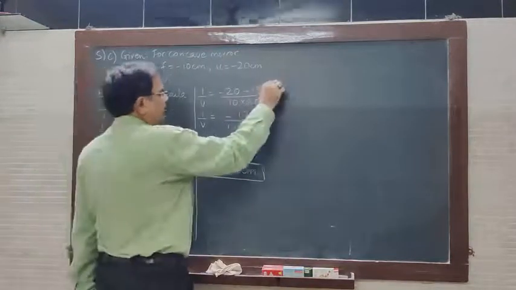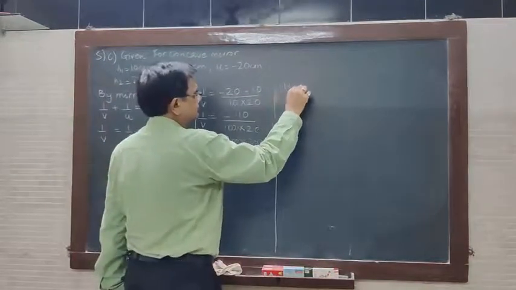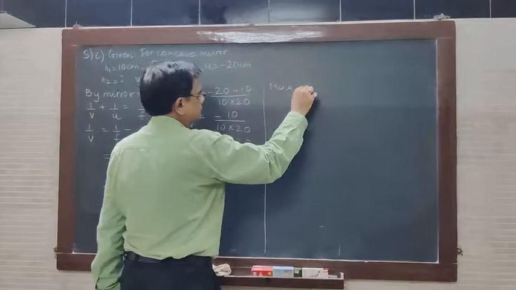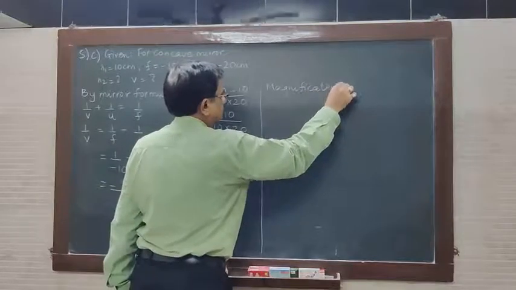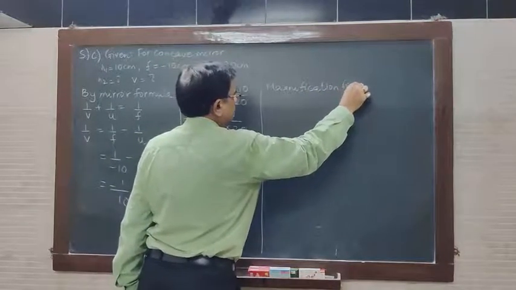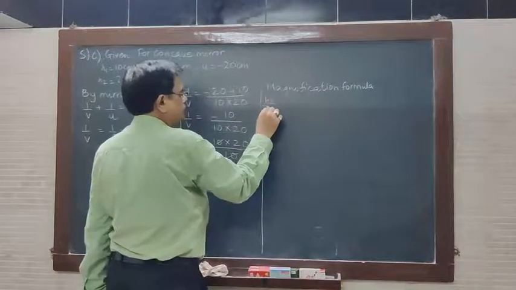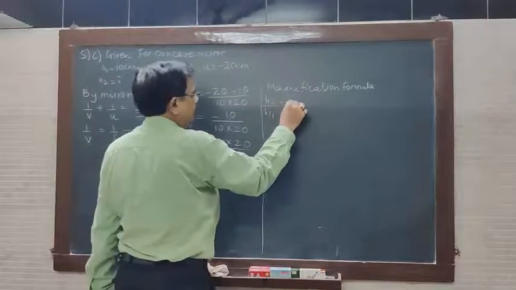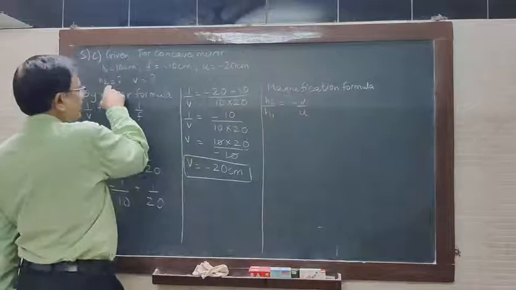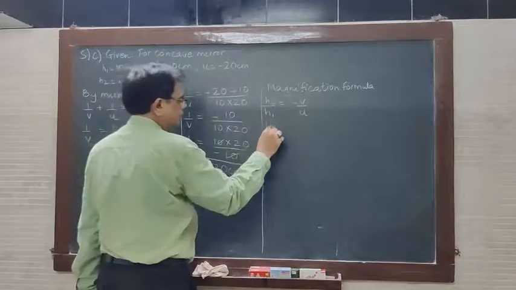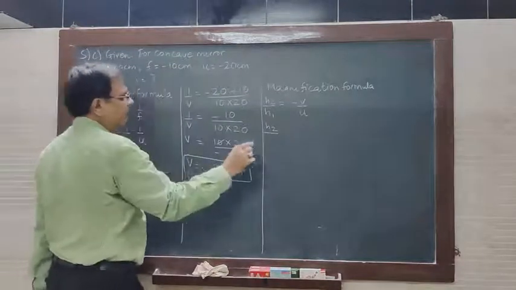Right? Now again, by magnification formula, H2 upon H1 is equal to minus V upon U. You have to find what? H2. H1 is given to you, 10.